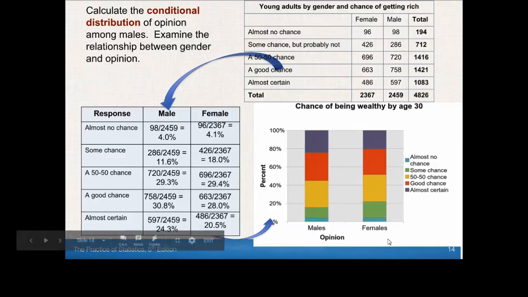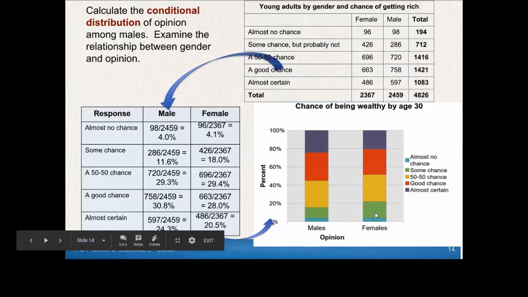Now, what advantage is this over anything else? Remember, our eyes look at areas, so you can sort of see that the bottom one, the almost no chance, they're about the same. And sure enough, they're only 1.1% difference.